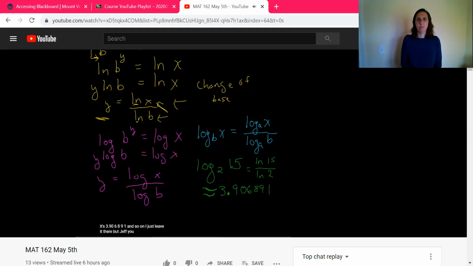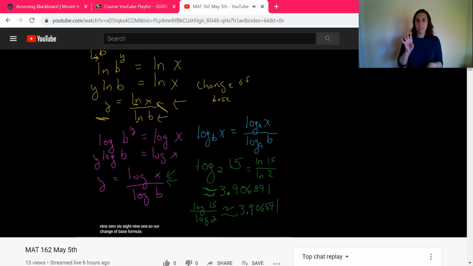But Jeff, you said it was the same as log base 10. Well, let's do that. Let's enter log 15 divided by log 2 on our calculator. So I hit the log key instead of the ln key for 15, and I divide it by the log of 2, and lo and behold, I get 3.906891.